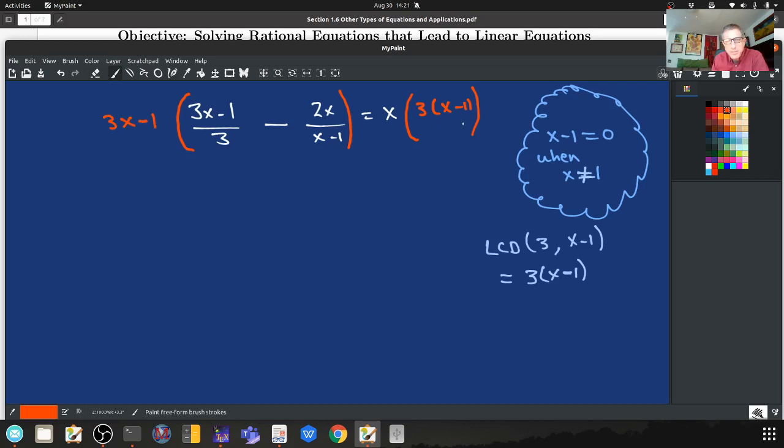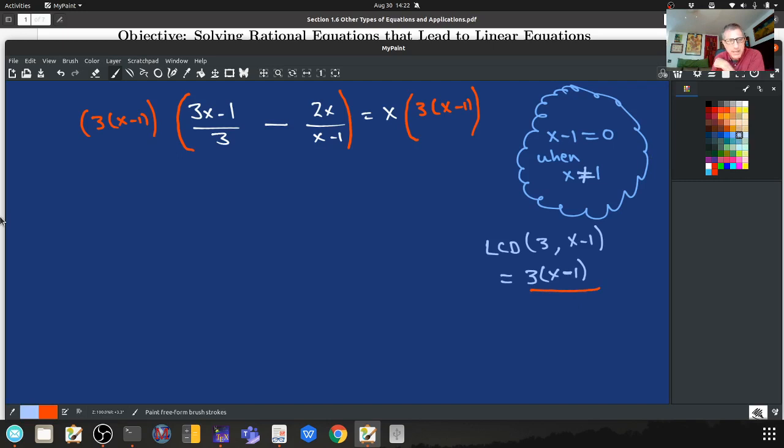Now don't let this bother you over here. I didn't literally need to put these in parentheses. These parentheses right here aren't needed. Here, I'll put some over there. It's 3 times x minus 1. So that's our LCD.